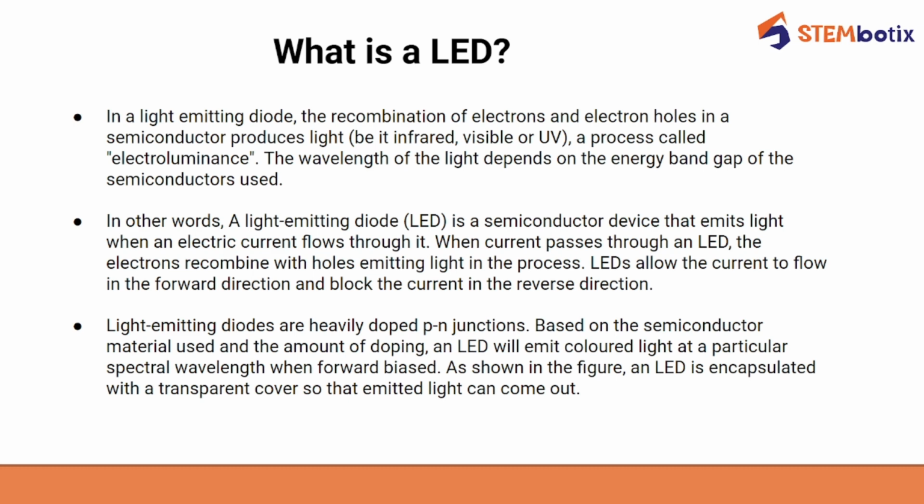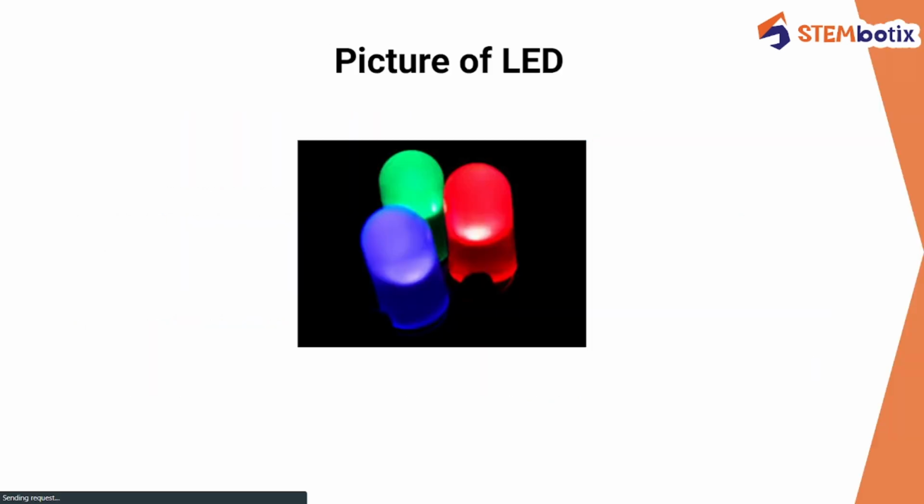As shown in the figure, an LED is encapsulated with a transparent cover so that the emitted light can come out. Whenever there is an emission of light, it needs to come out from that encapsulated cover, so the LEDs are encapsulated with a transparent cover, something like this.